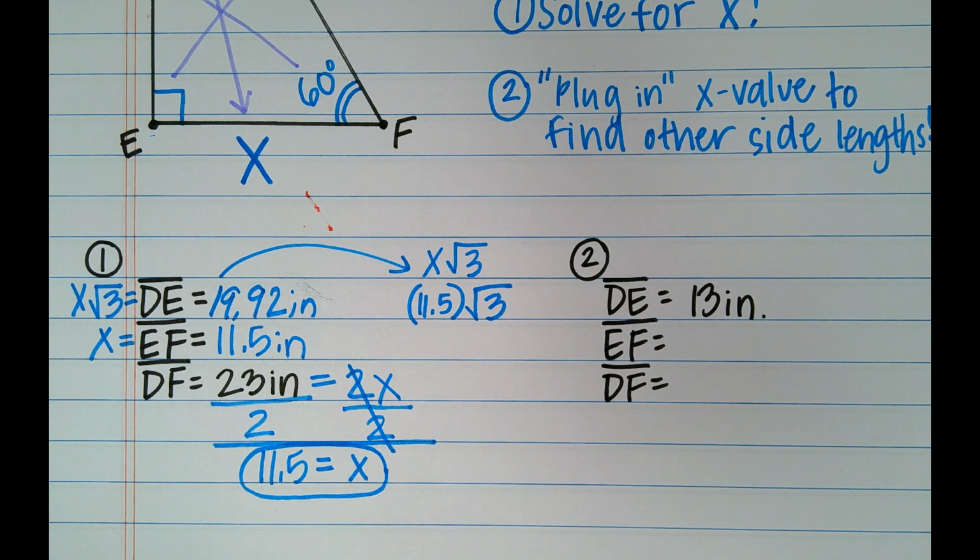You were trying to say that X is 13, but we don't know that yet. We know that X times radical 3 is 13.